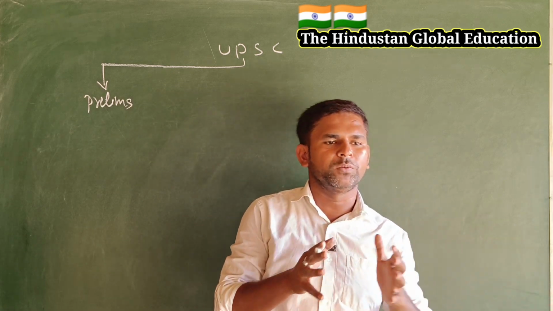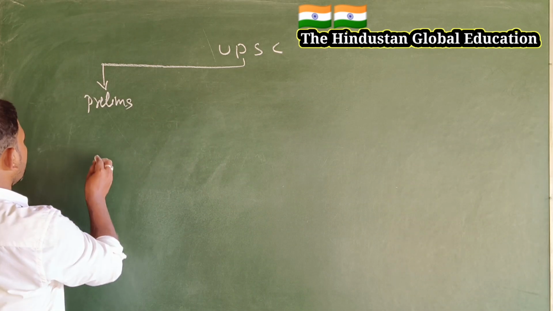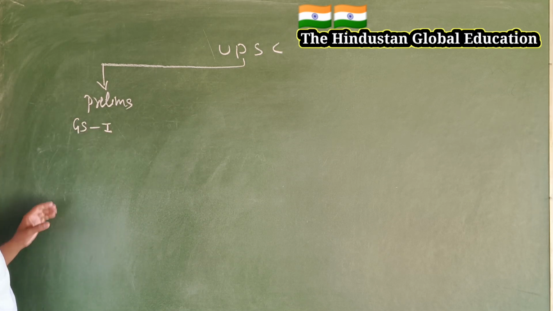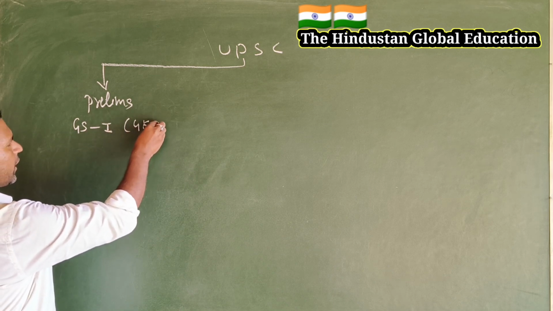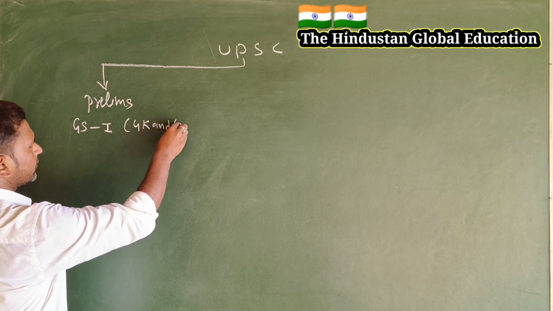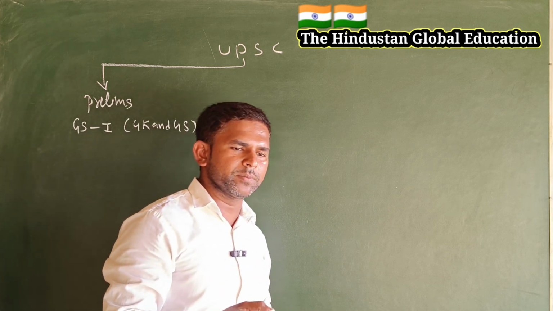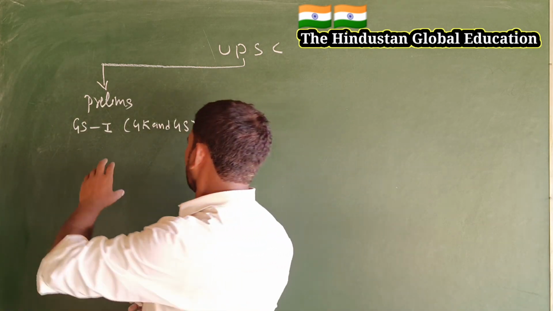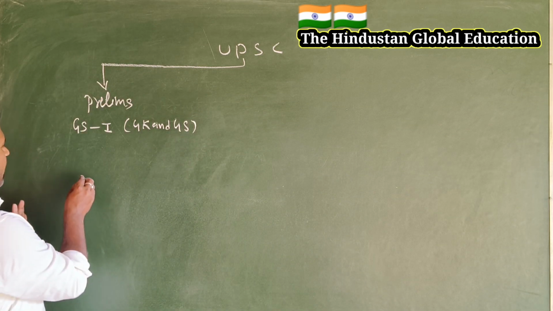How many papers will you face in prelims? Here you will face the first paper, called GS first. Somewhere it is written GK and GS. GK means general knowledge, GS means general studies. Don't be confused.